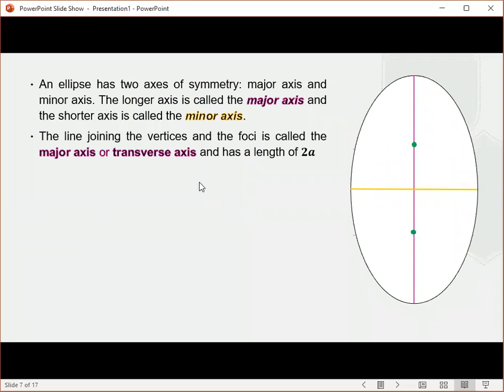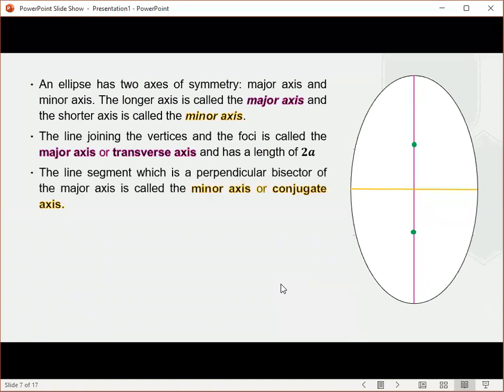And take note, by definition, the major axis is the line joining the vertices. So the vertices here are the endpoints of your major axis. You have the vertex on the top portion and another vertex on the lower portion. And then the green dots here are the foci of the ellipse. Now, joining all of these points is called the major or the transverse axis.